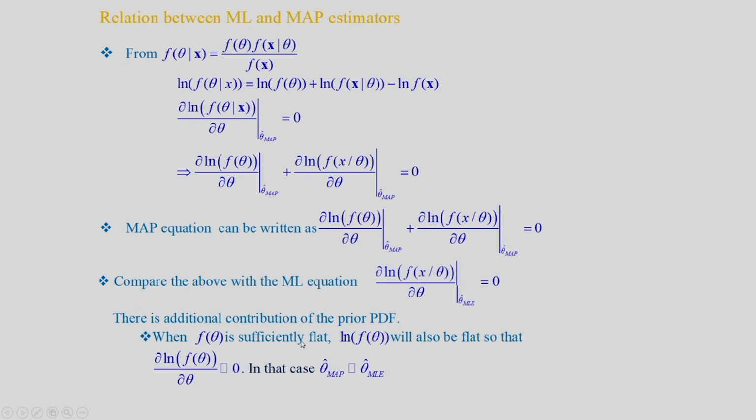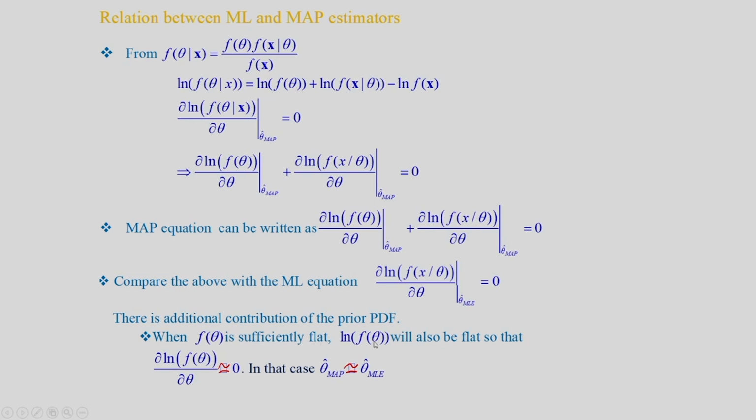When f(theta) is sufficiently flat, log of f(theta) will also be flat, so that the quantity del theta of log of f(theta) will be approximately 0. So theta hat MAP will be approximately equal to theta hat MLE. When f(theta) is sufficiently flat, that means its slope is very small.